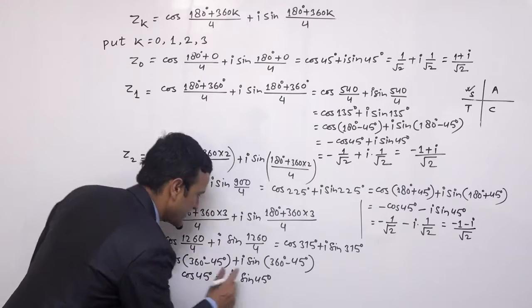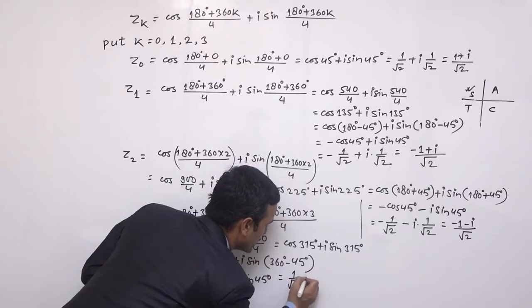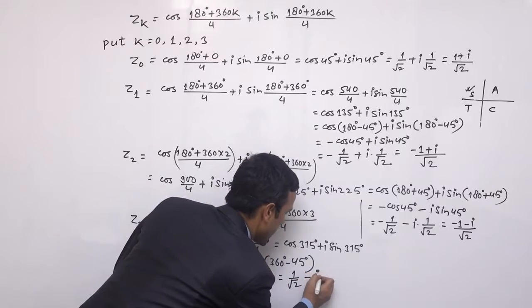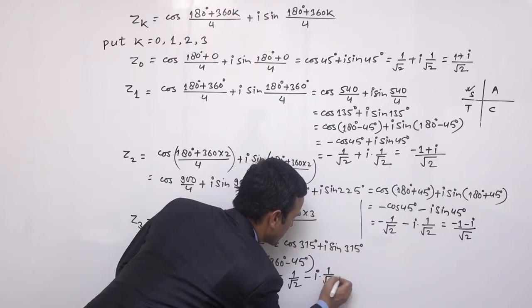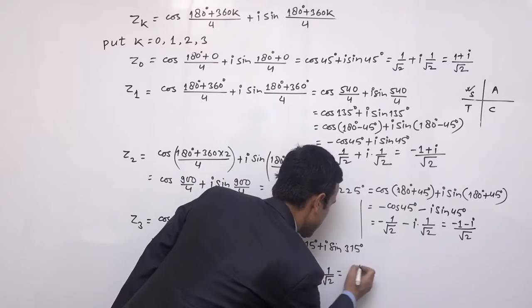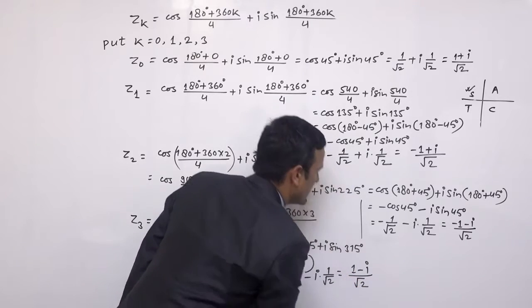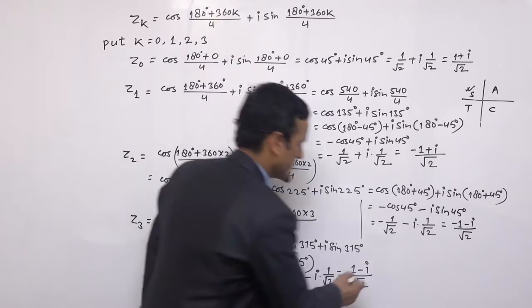That's why I write down minus sign. Now cos 45 means 1 upon root 2, and minus i sine 45 means 1 upon root 2. If you take the LCM, then it will be 1 minus i upon root 2. So these are the solutions.